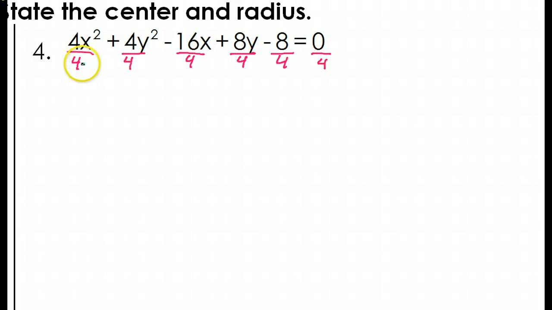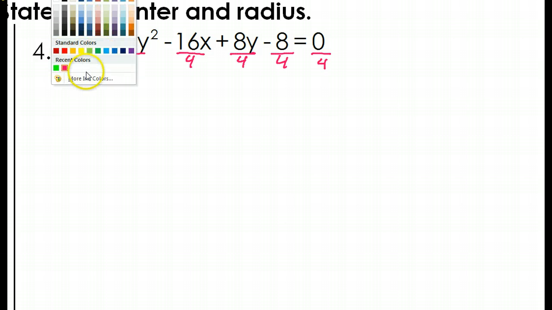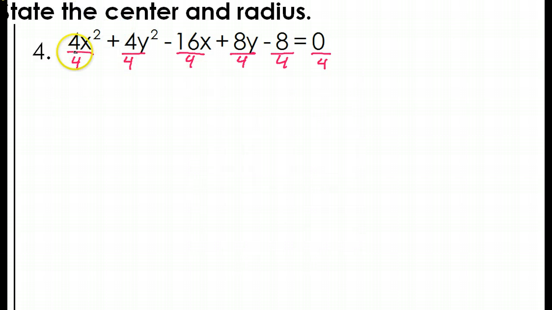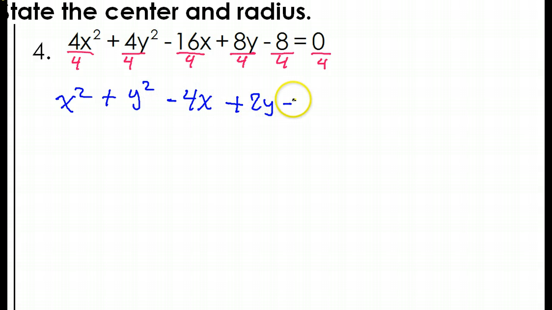Okay, so that's going to give me x squared plus y squared minus 4x plus 2y minus 2 equals 0.